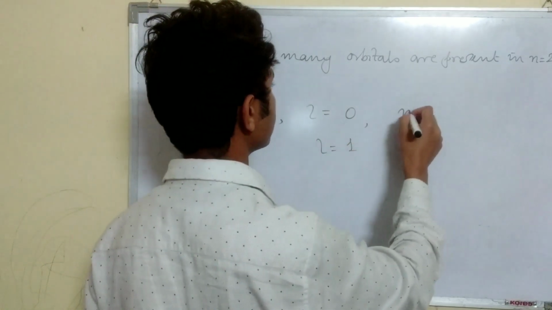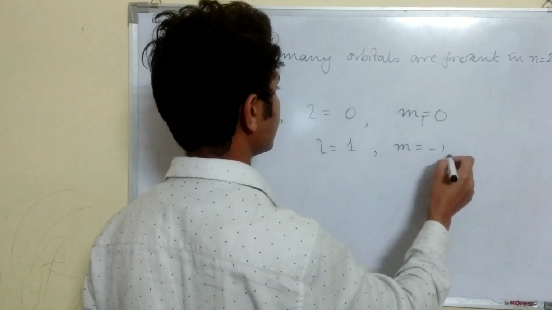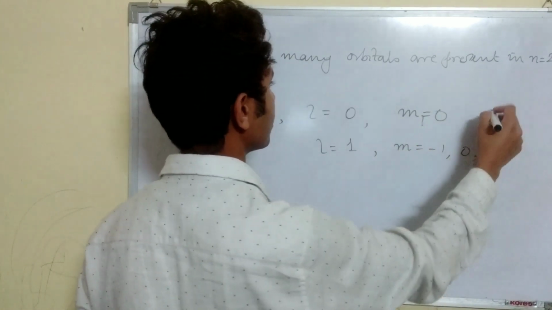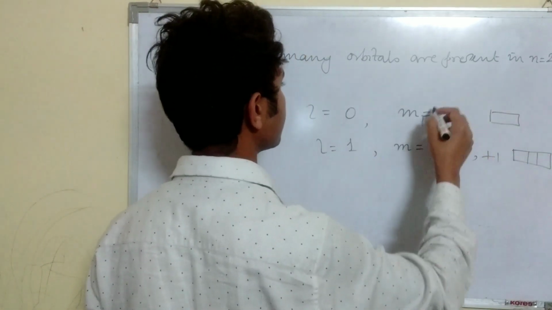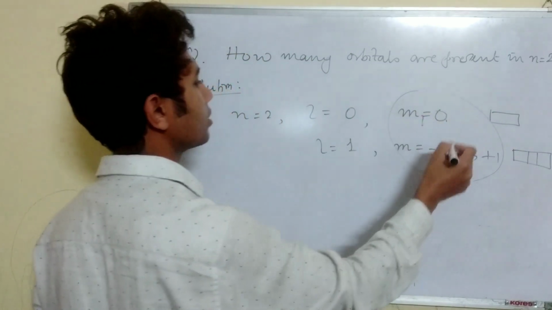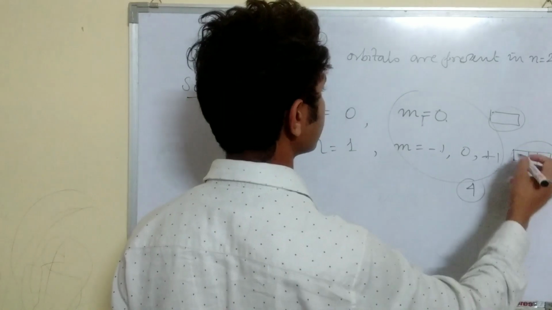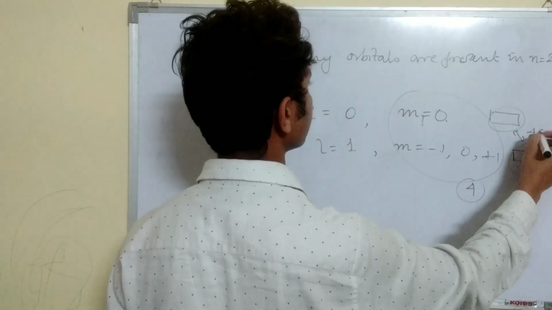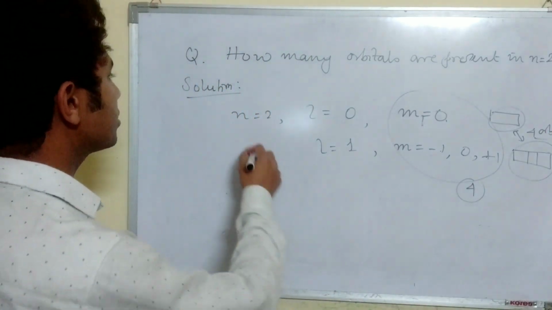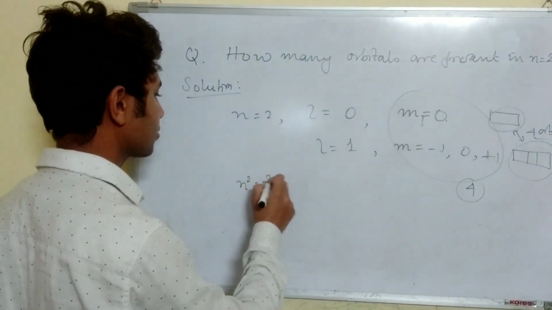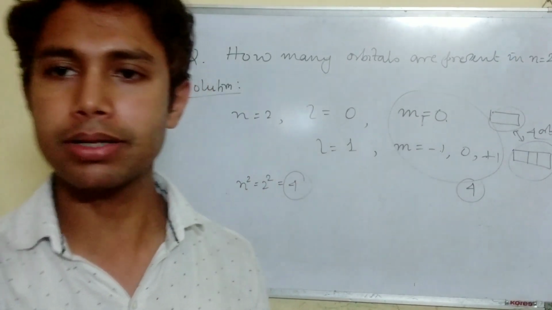So for L is equal to 0, m is equal to 0, for L is equal to 1, m is equal to minus 1, 0, plus 1. Hence here we are getting 1 and 3, total we are getting 4 orbitals. So n square is equal to 2 square is equal to 4. We are getting 4 orbitals in case of n is equal to 2.